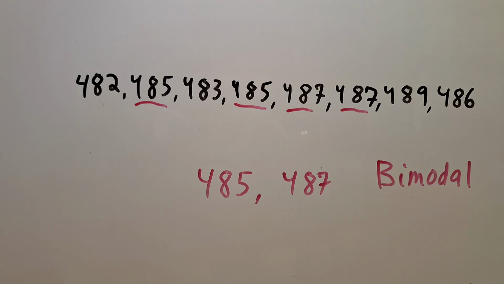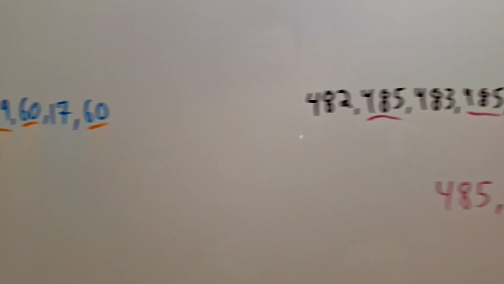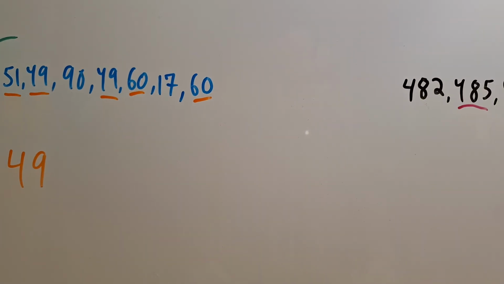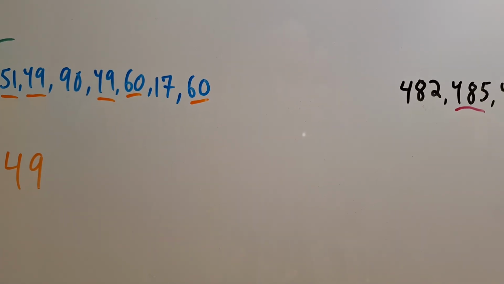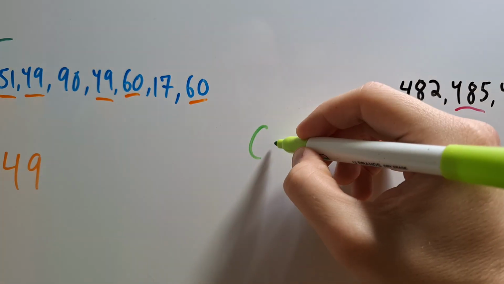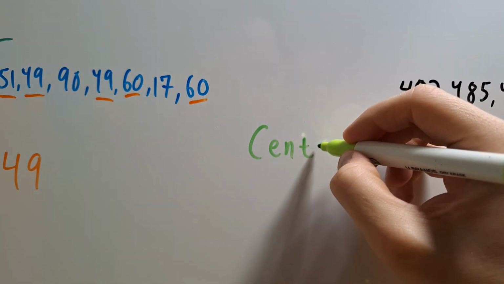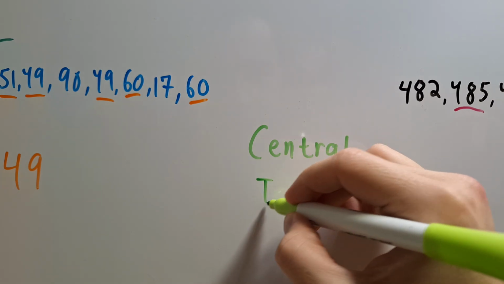Now in the previous videos that I've done, we've talked about mean, median, and we've now talked about the final one, the mode. The final one of what? All three of these terms, mean, median, and mode, are what are known as measures of central tendency.